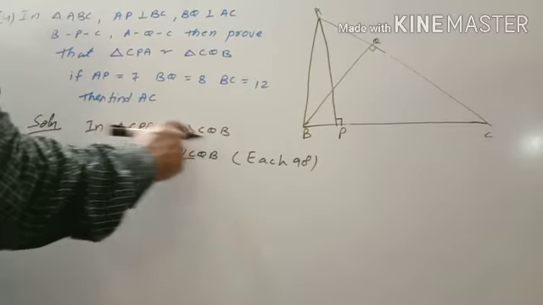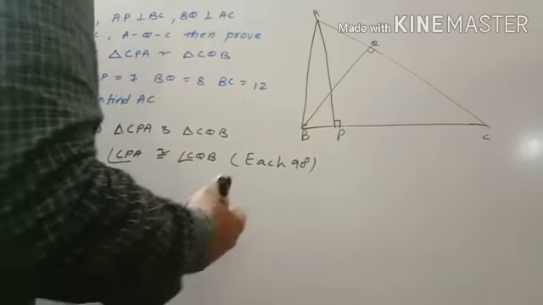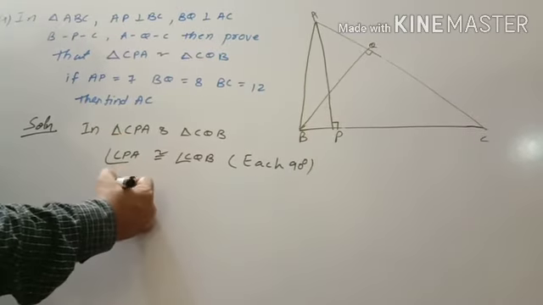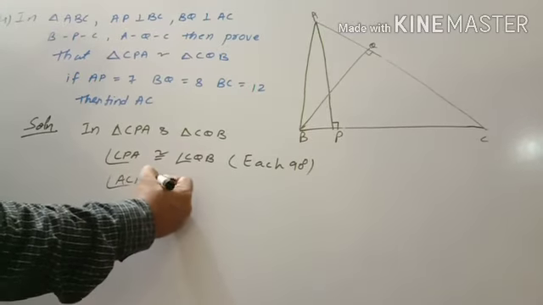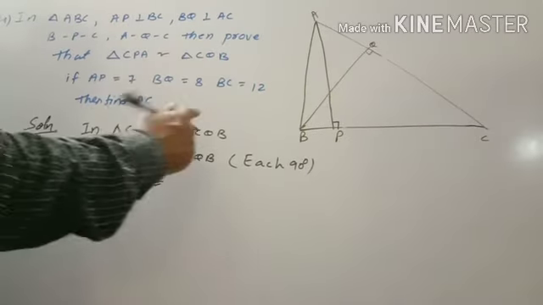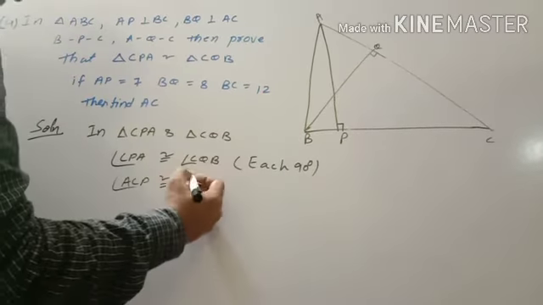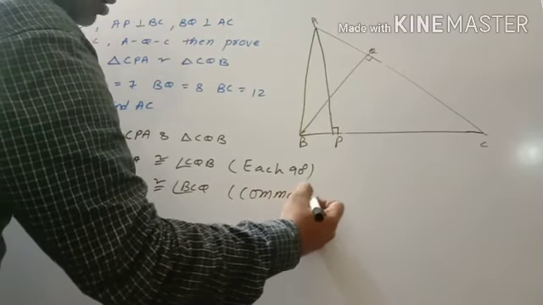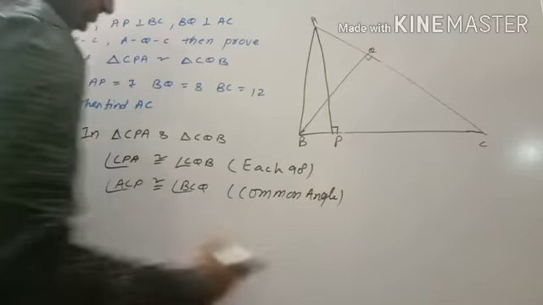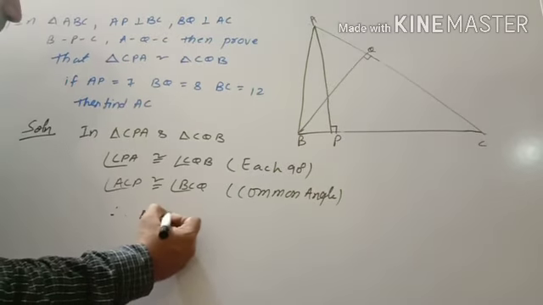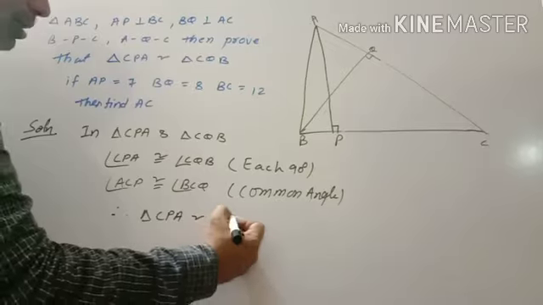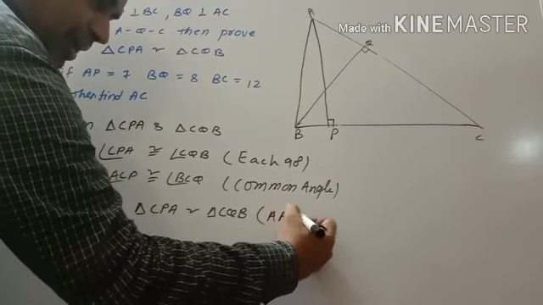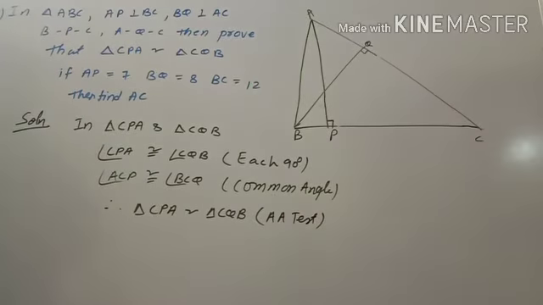In which C and C is common. So how we write? Angle ACP congruent angle BCQ. Reason: common angle. Therefore, triangle CPA similar triangle CQB. Reason for that? AA test. By AA test, they are similar.